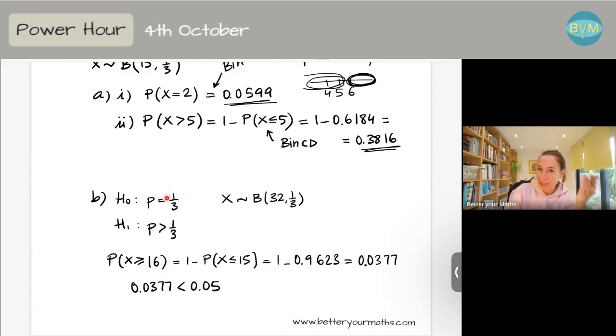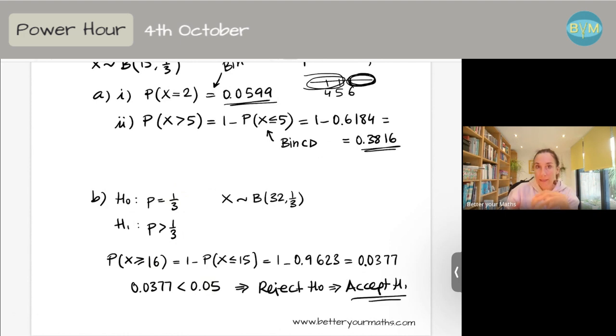So this is very unlikely to be true. So what are we going to do? Reject it and accept the other one. So if this is smaller than the significance level, that means it's very improbable to be true. So we are going to reject H0. And every time that we reject H0, we accept H1. That is called the alternative hypothesis precisely for that, because it's the one that we are accepting.